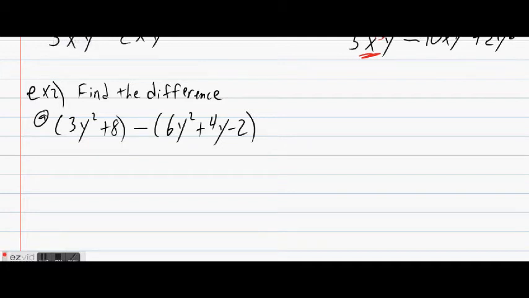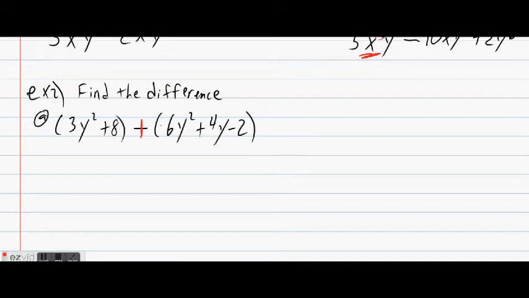The thing that we need to do is change this subtraction to addition. So you notice now I'm changing the subtraction to addition, and you have to change all the signs that follow. You start at one parenthesis and you finish at the other parenthesis.